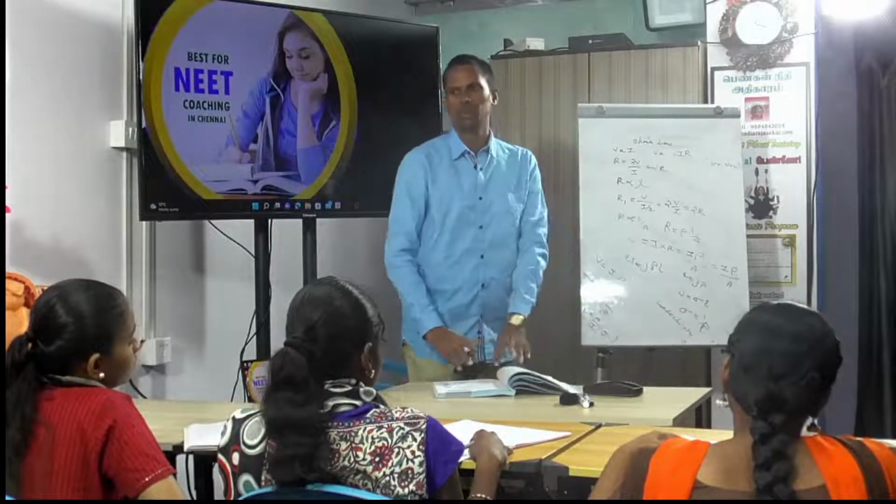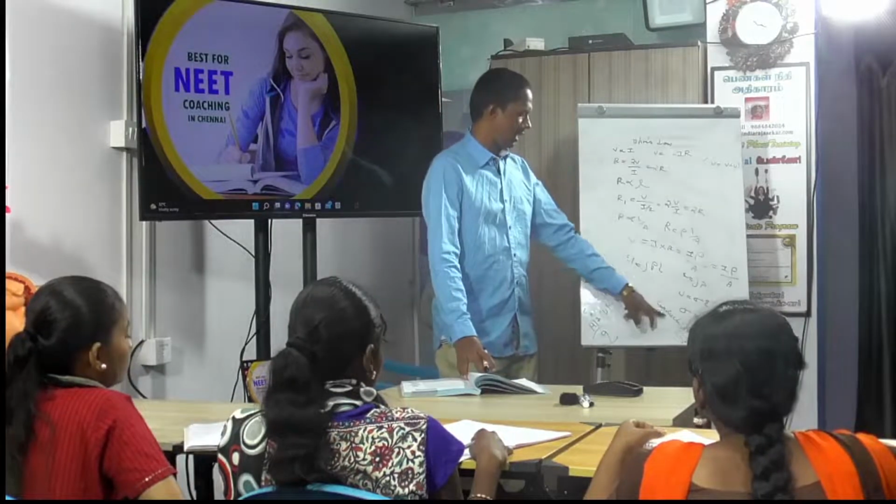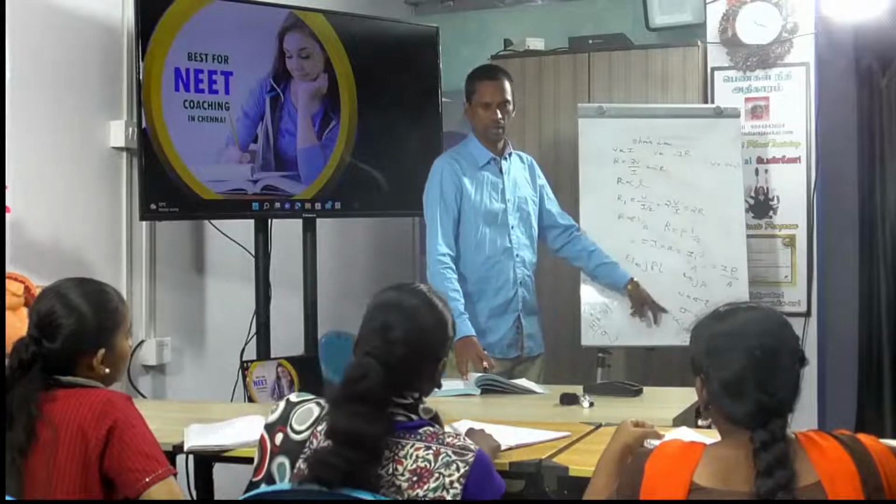What is rho here? Rho is the specific constant, the resistivity. Sigma is the specific conductivity, 1 by rho.